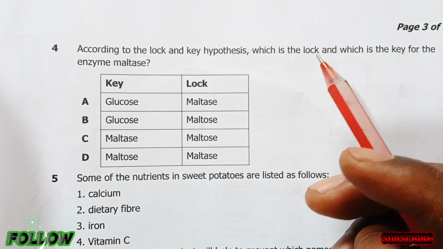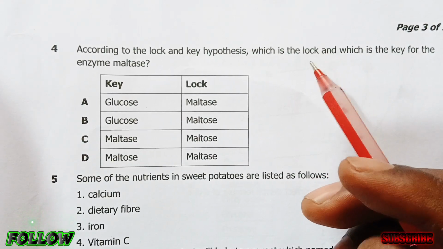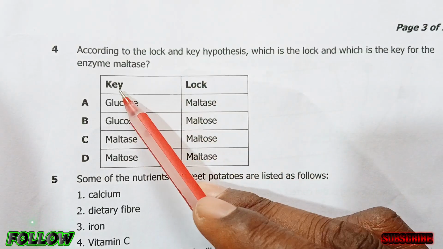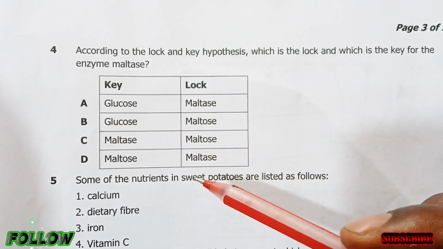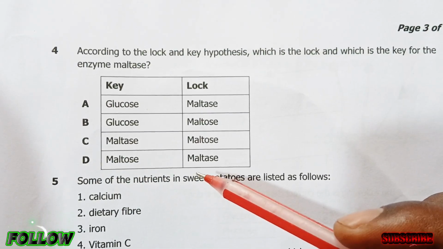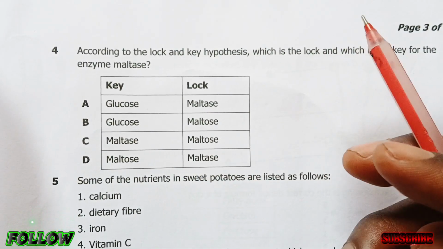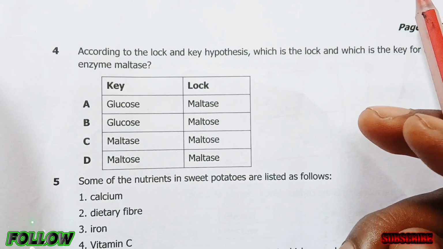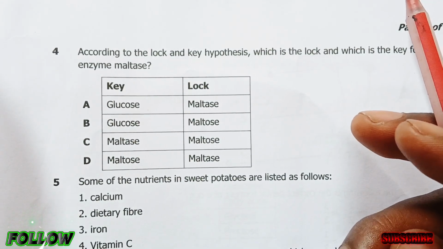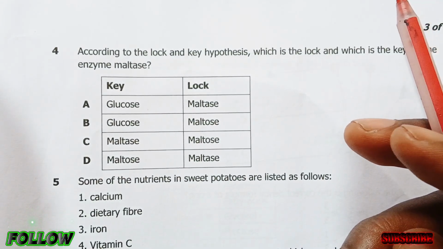A substrate acts as the key, and the enzyme is the lock. The enzyme has an active site, and the substrate fits in it, like what I was talking about here.